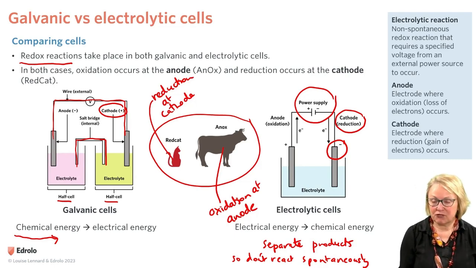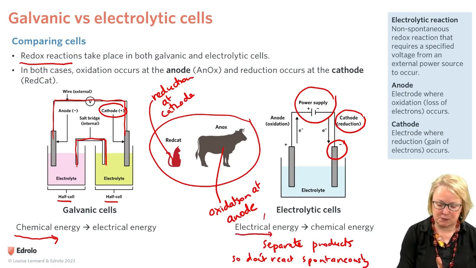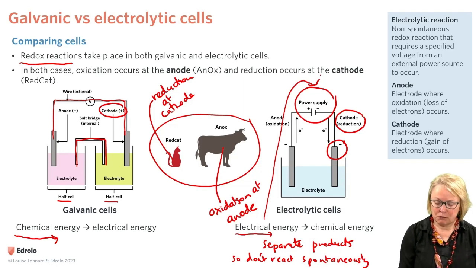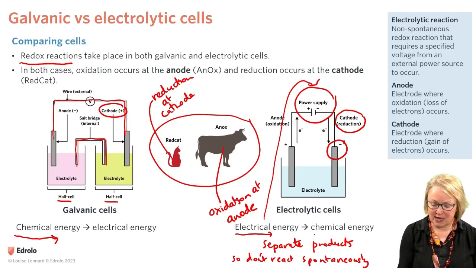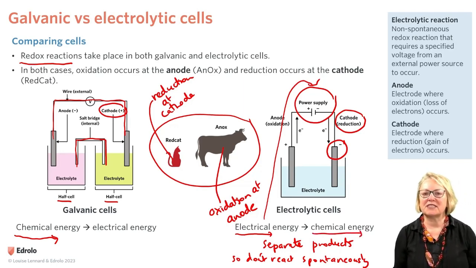Also, in an electrolytic cell, it's the reverse energy transformation. So we start off with electrical energy from the power supply, and we use it to produce chemical energy, or various chemicals that we want to synthesize.